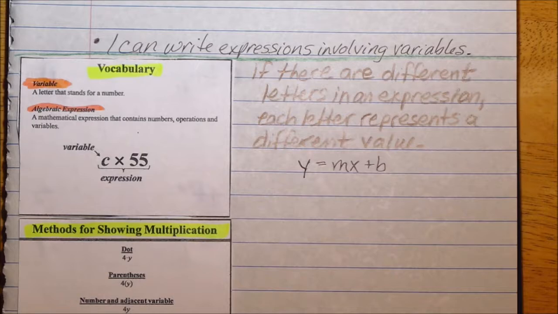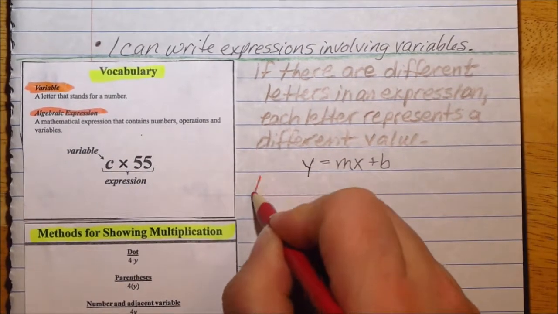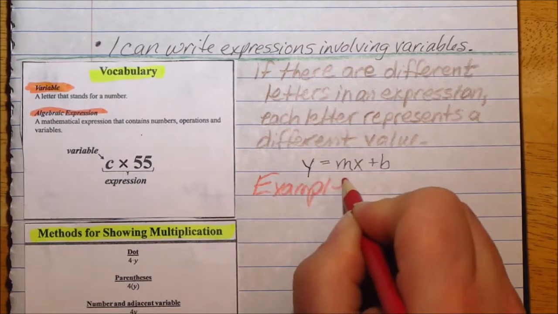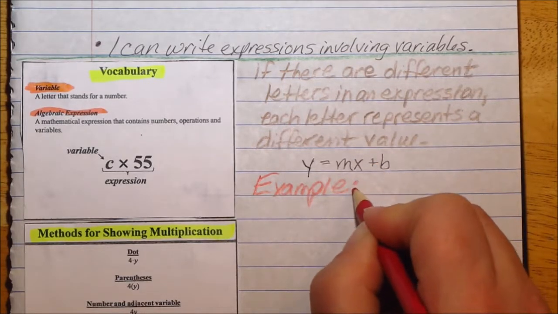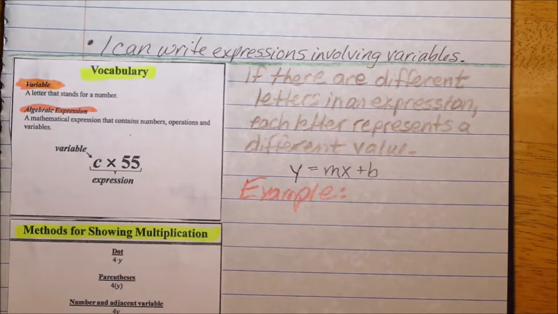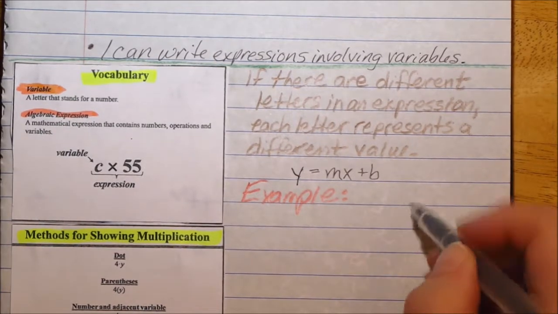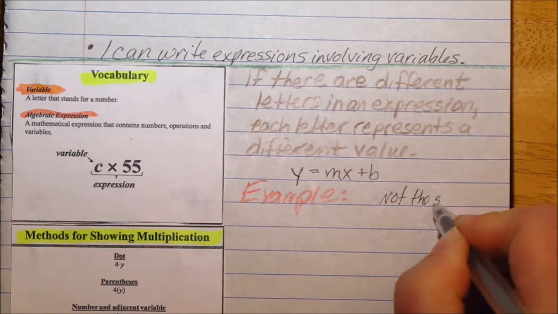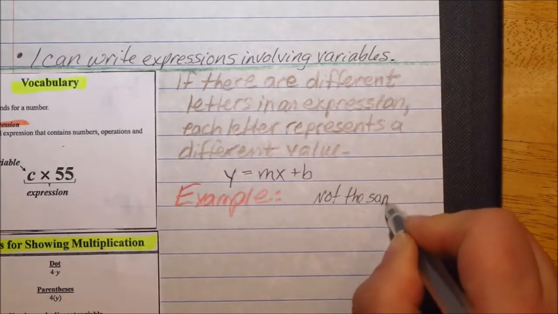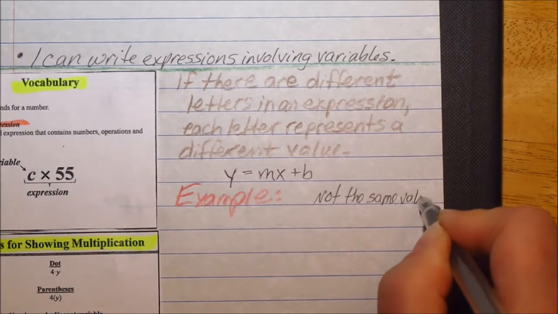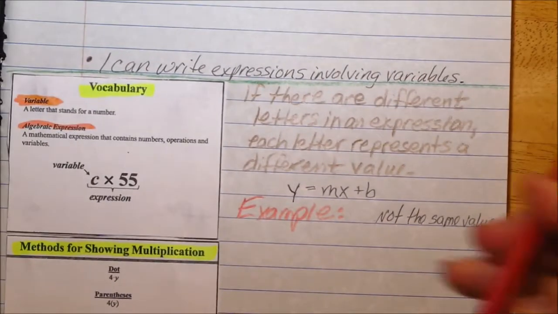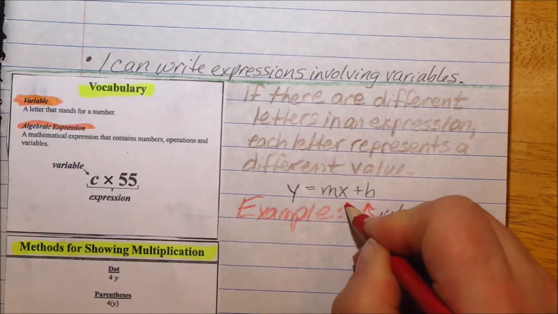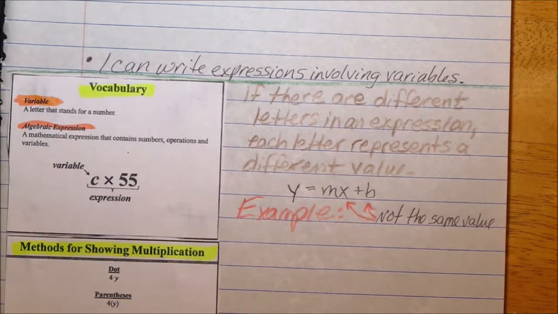And that's why we're representing them as variables. All right, so this is my example. And I'm going to write over here, not the same value, meaning this b here and this x here are not the same value, right?